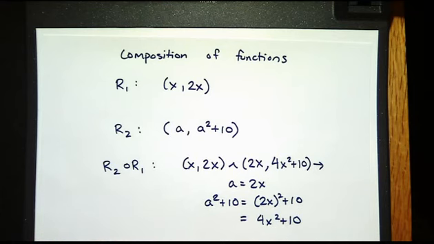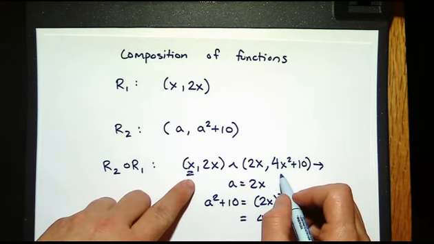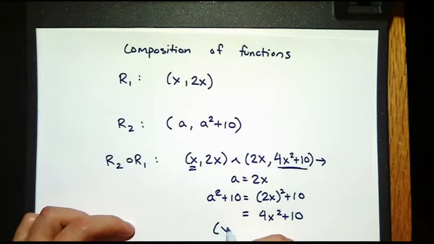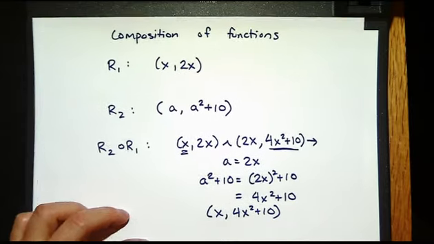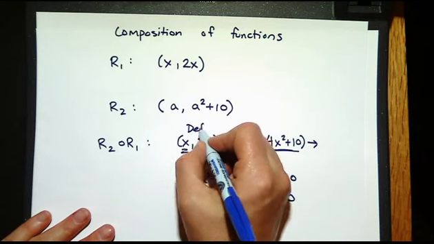So remember, in our definition of composition, we make a new point with x as the left point and 4x squared plus 10 as the right. So again, I was using the definition of composition as my starting point.